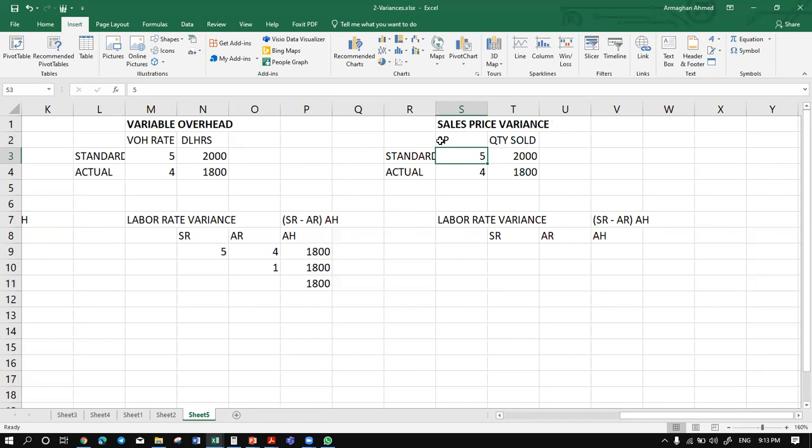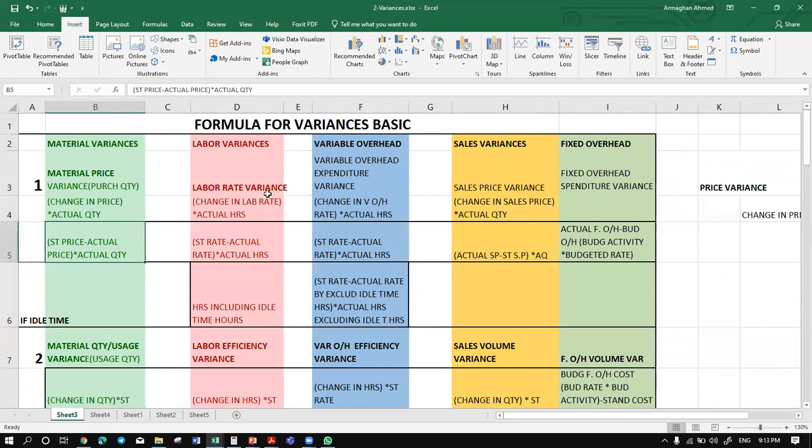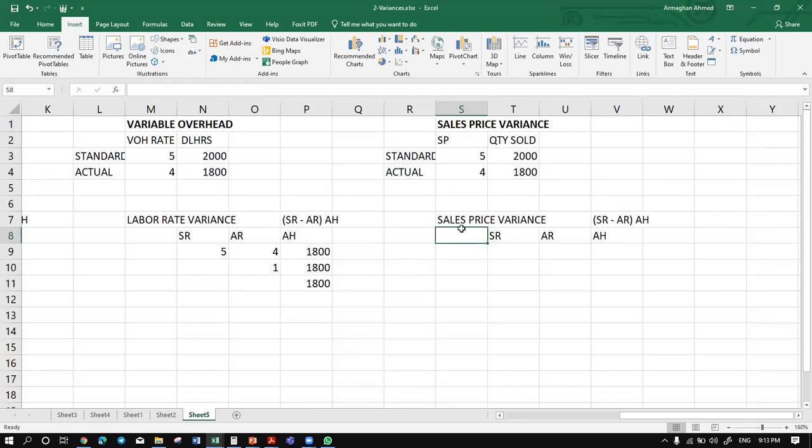It means the formula is again the same. Sales price variance: standard price, actual price, and here actual quantity sold.